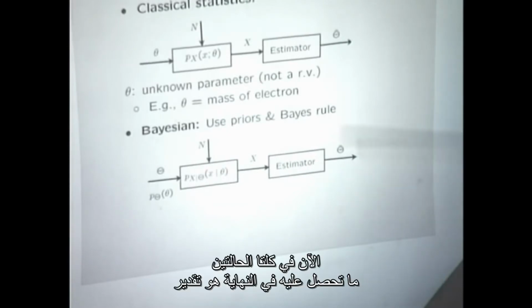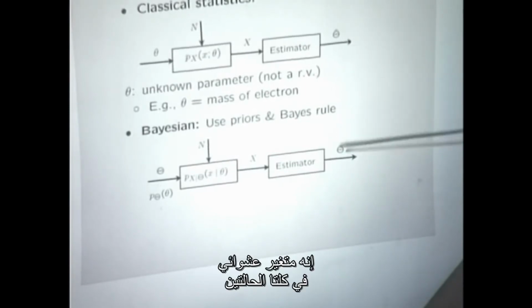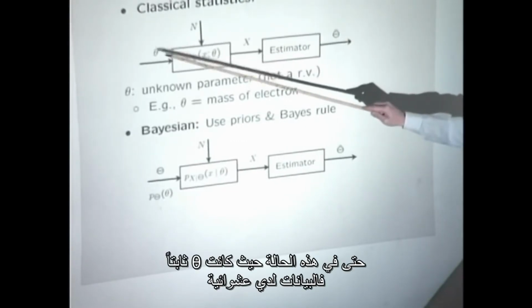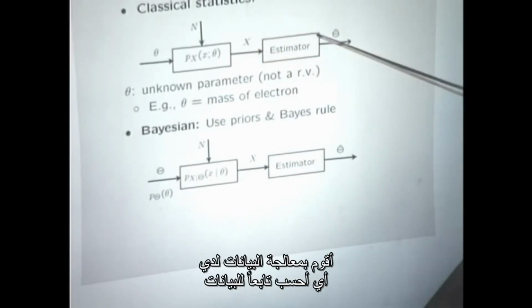Now, in both cases, what you end up getting at the end is an estimate. But actually, that estimate is what kind of object is it? It's a random variable in both cases. Why? Even in this case where theta was a constant, my data are random. I do my data processing, so I calculate a function of the data.